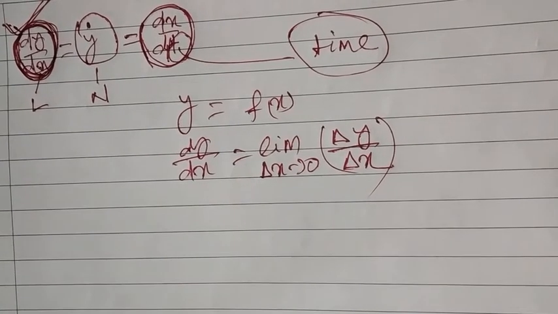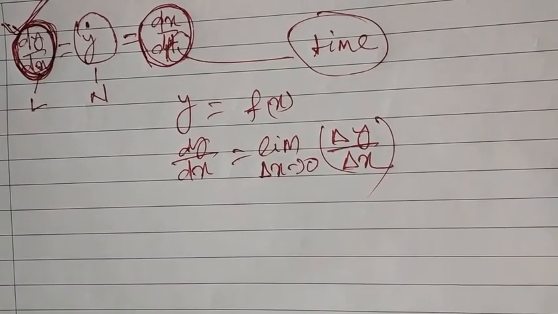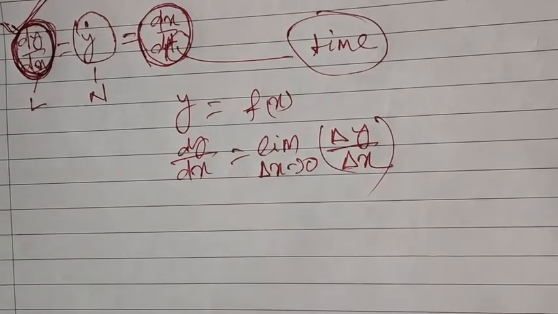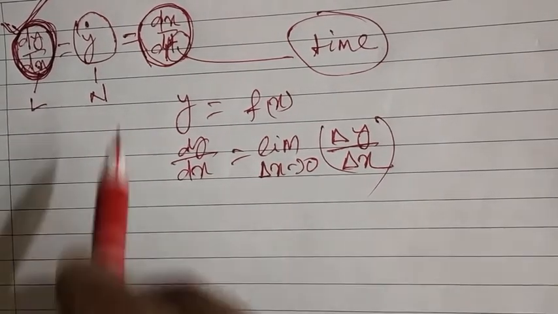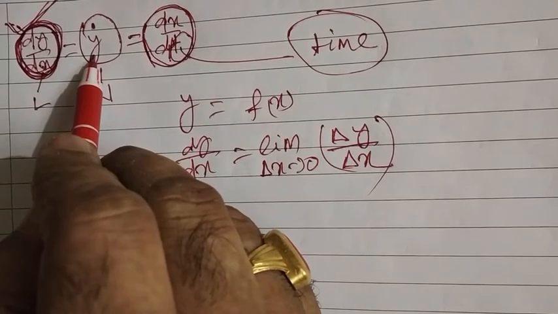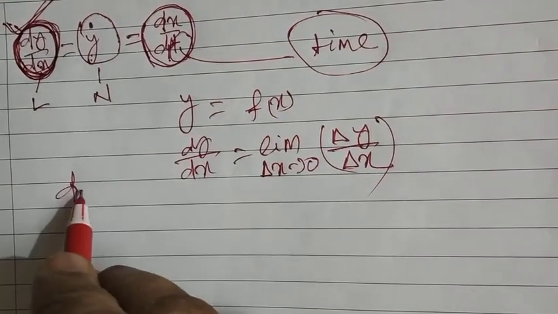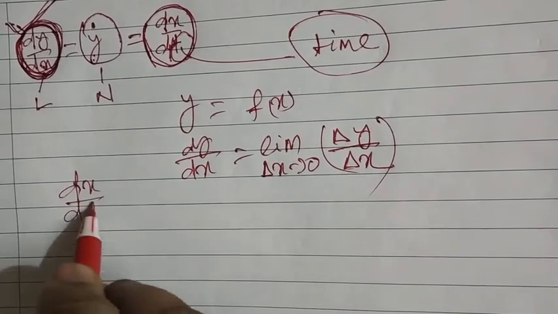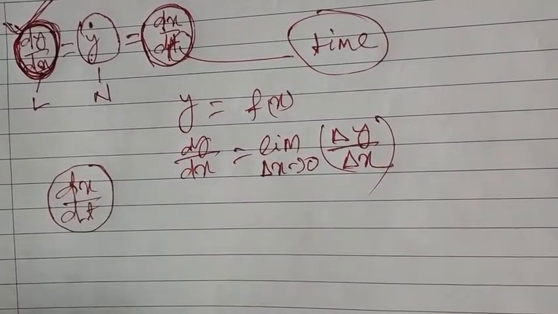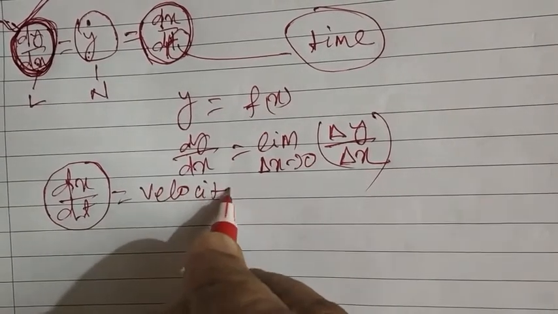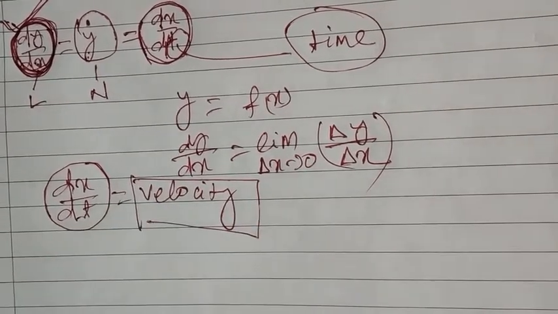Okay, these two thoughts separated the ideas of calculus of Germany and Britain. How was that separated? Sir Isaac Newton was saying that ds by dt, dx by dt, this is a single thing. This is called velocity. Velocity is a single thing.